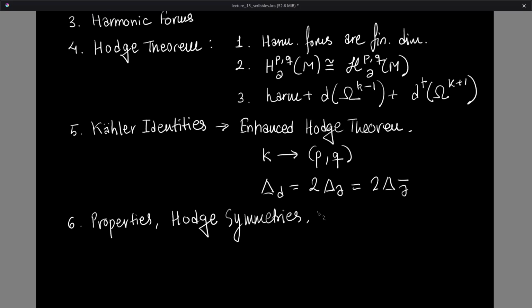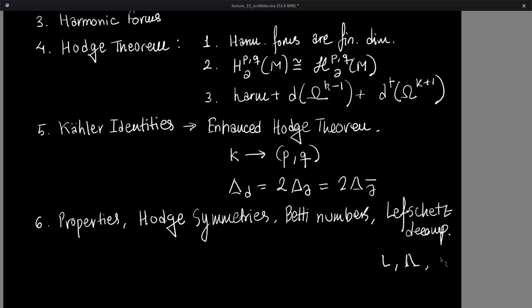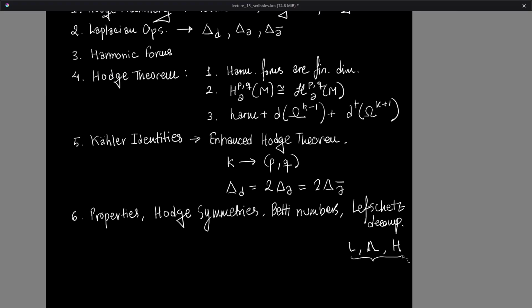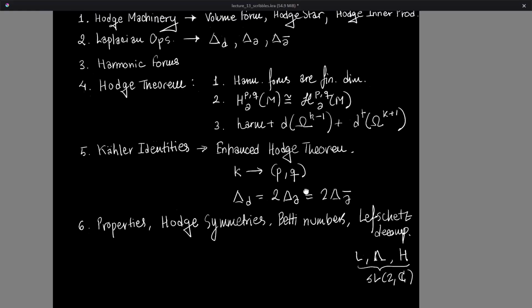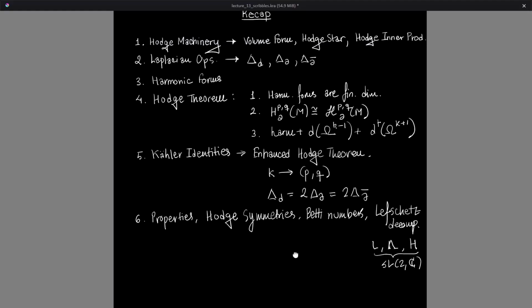We looked at the property of the Betti numbers, the odd Betti numbers being even, and we looked at the Lefschetz decomposition, which was this decomposition involving the primitive cohomology classes and the Lefschetz operators L, lambda, and H. Well, H was just there to complete the SL(2,C) representation, because we also saw that these formed a representation of SL(2,C). All right, so that's what we did last time. This was all the stuff we did in lecture 12 in a very summarized fashion.